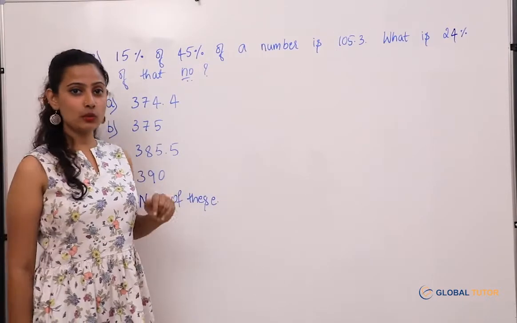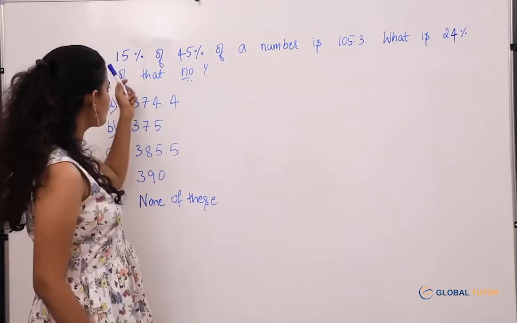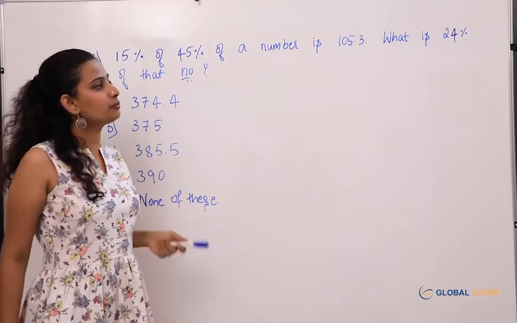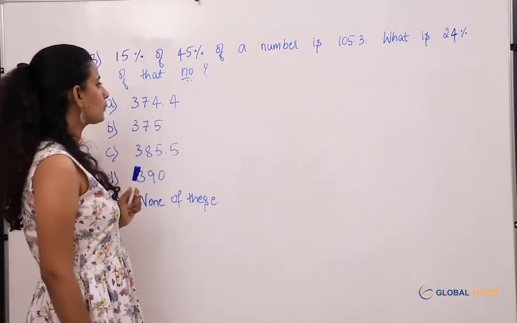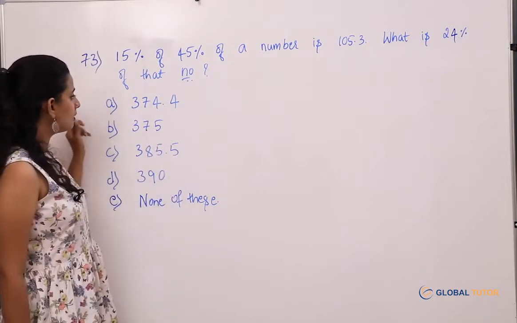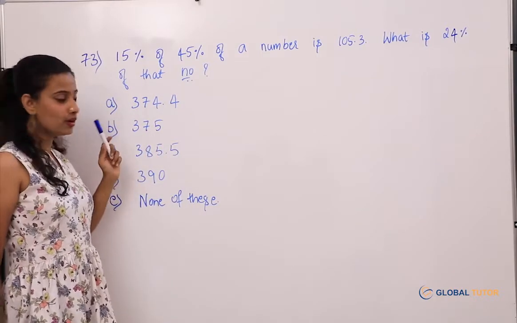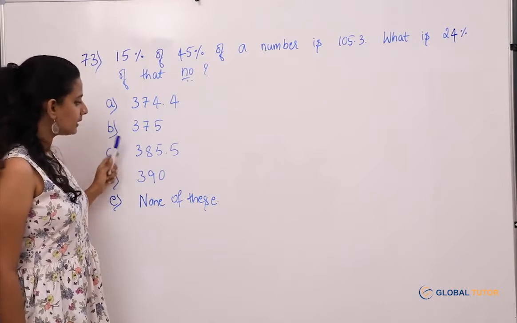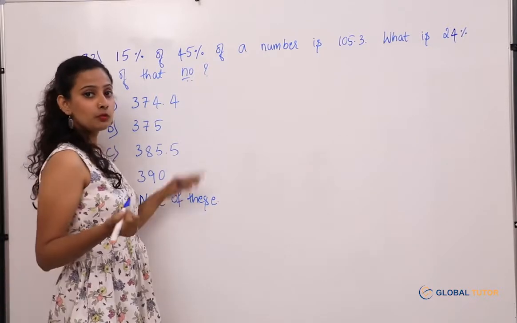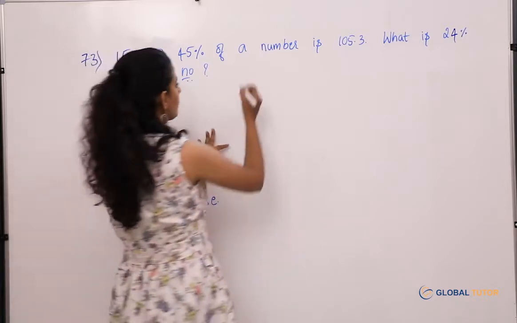So let's see the next question of the episode. 15% of 45% of a number is 105.3. What is 24% of that number? We got 5 options here: 374.4, 375, 385.5, 390 and none of these. So what have they told us in the question?